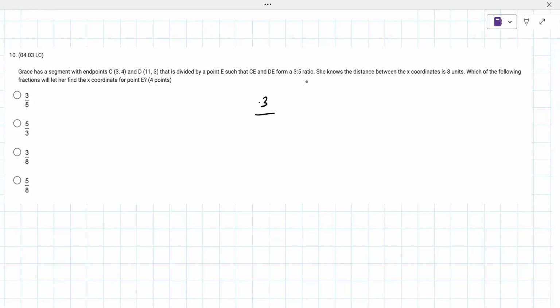Sorry, it's 3/8 is the distance ratio for the fraction. And you end up multiplying. So I think that's all that they want. Yeah, I get this 3/8.